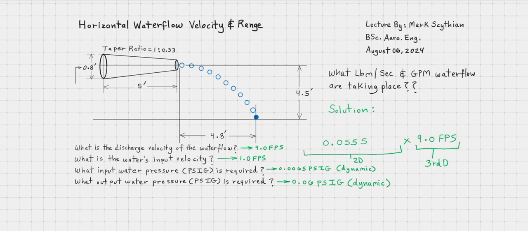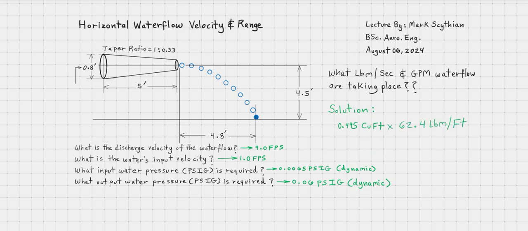Then when we multiply it by the velocity through the output nozzle, that's the third dimension. When we multiply these out, we get the three-dimensional cubic feet per second flow, times the US value for water density, which is 62.4 pounds per cubic foot.